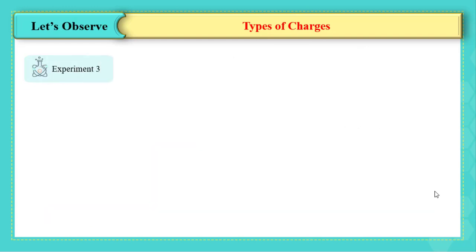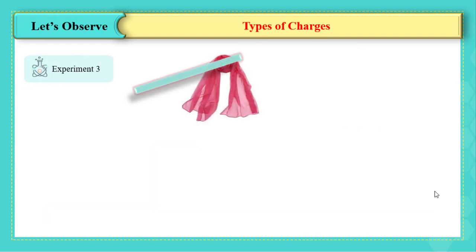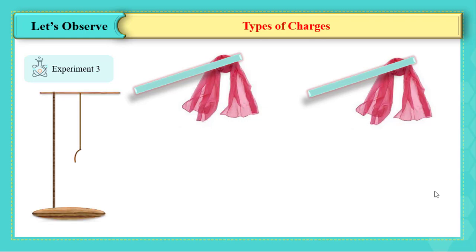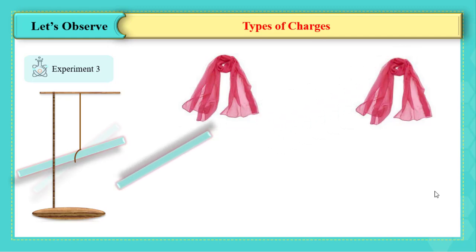Here in experiment 3, we will use a glass rod and a silk cloth. Rub two similar rods of glass against two similar pieces of silk. Suspend one of the rubbed rods on the thread of a stand where it can move freely. Then approach the second rubbed rod that you handle to the suspended one.